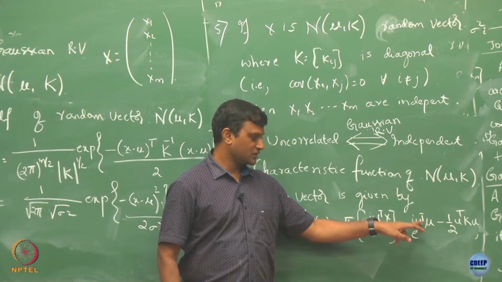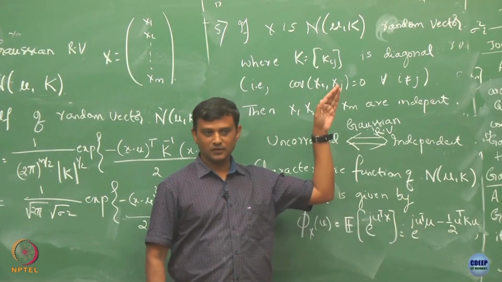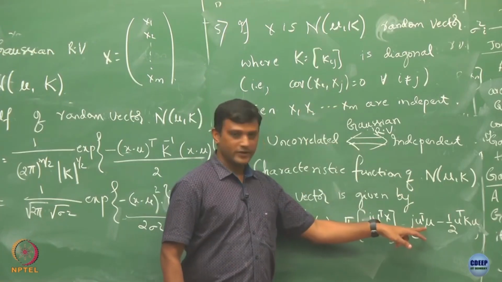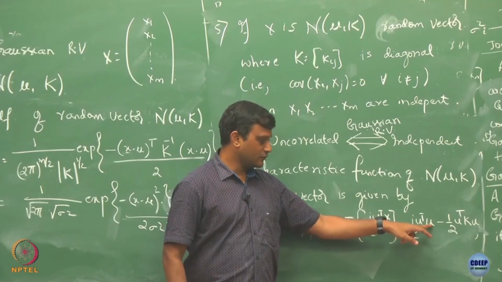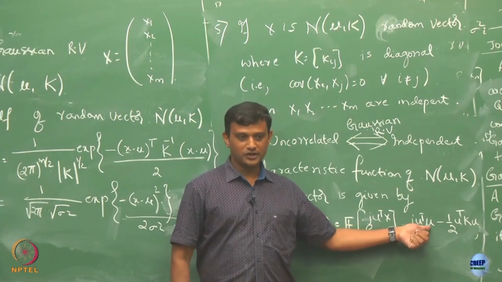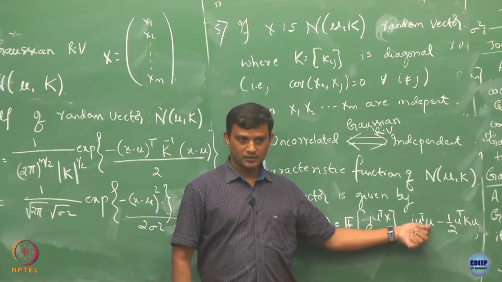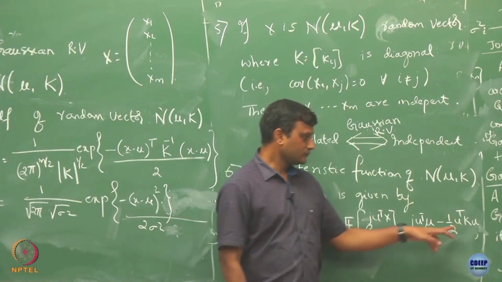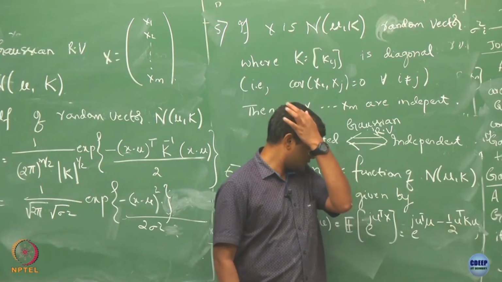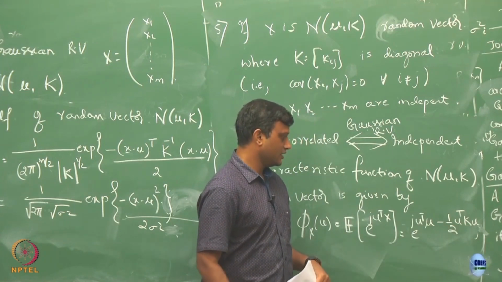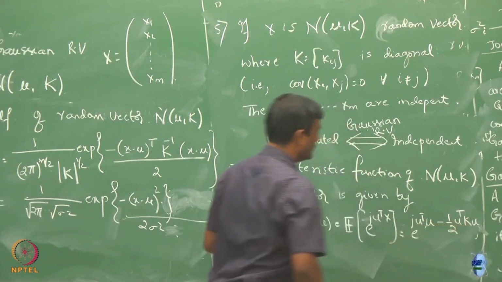minus one half u transpose K u. So the way we are treating it, all vectors are column vectors. u transpose is going to be a row vector, and this mu is a vector of means, which is a column vector. So u transpose mu is going to be what? That is just one real number, right? And what is this other quantity going to be? u transpose K u.